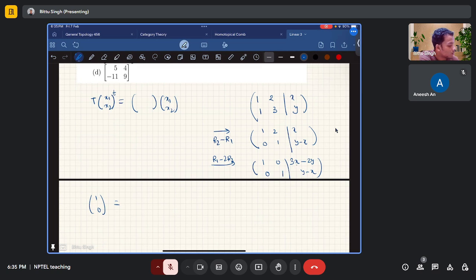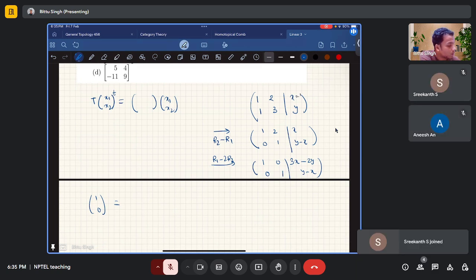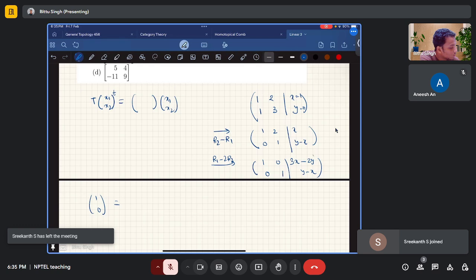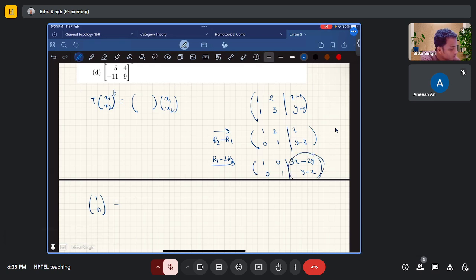So initially if we put x to be 1 here, y to be 0 here, then the combination will be like this. The first coefficient will be 3 times 1 minus 2 times 0, which is 3.